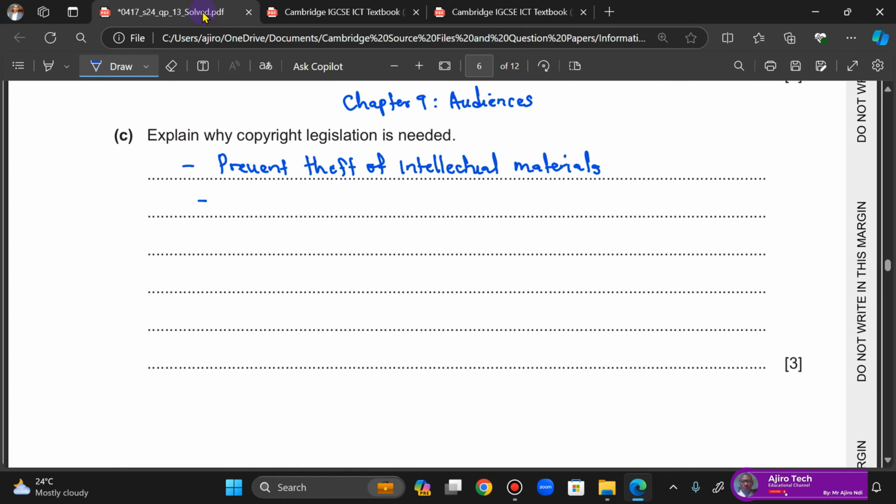Again, it protects the copyright of the owner of the software.